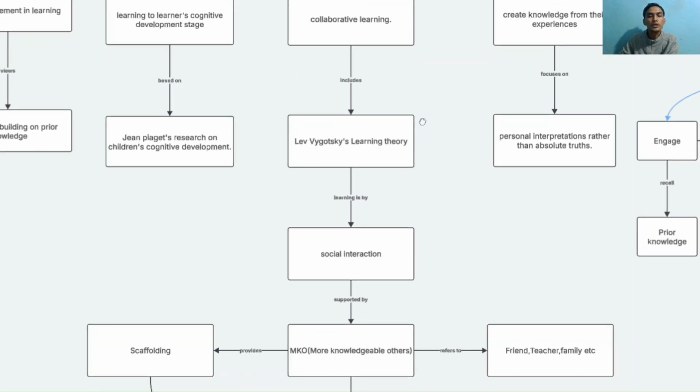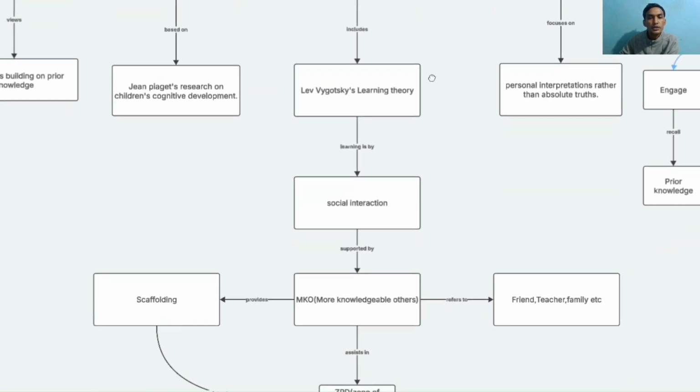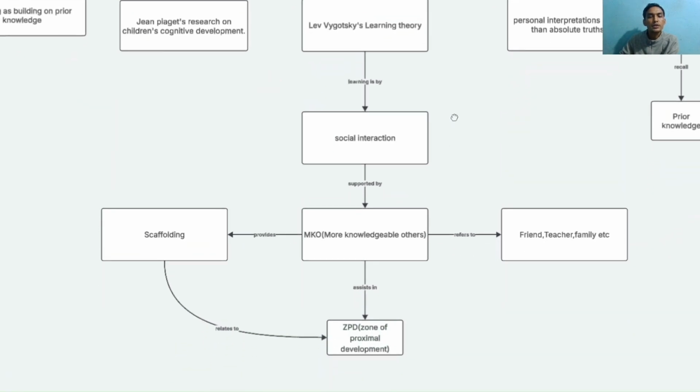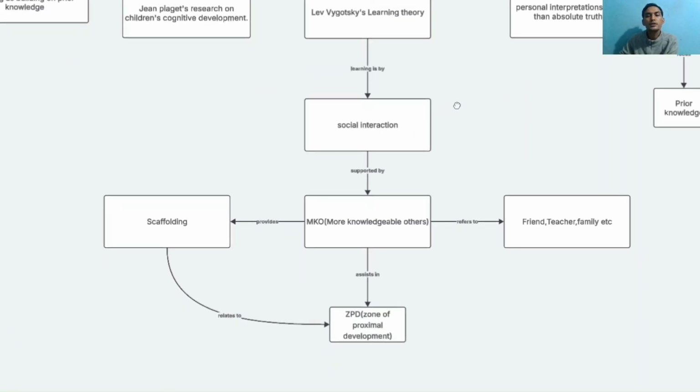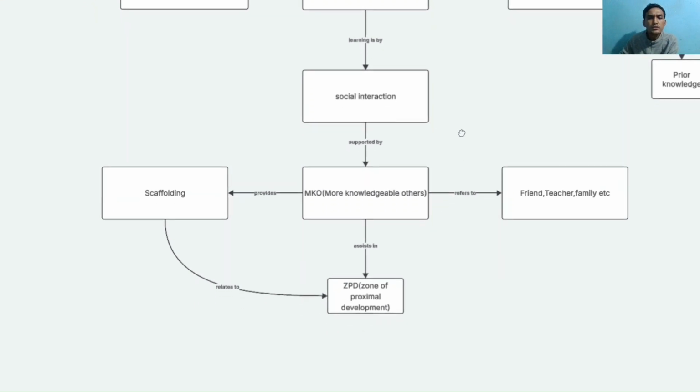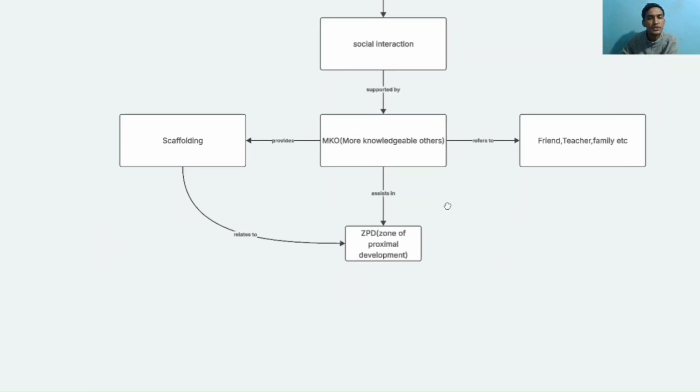In this theory, learning is by social interaction, supported by more knowledgeable others, which refers to friend, teacher, family, etc. The more knowledgeable others assist the students who are in the ZPD. ZPD refers to Zone of Proximal Development.